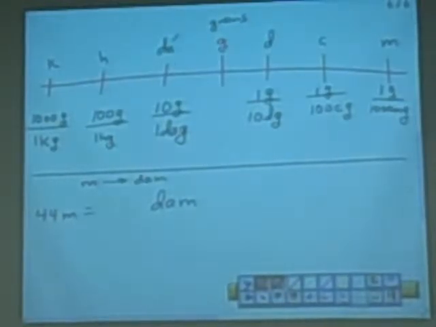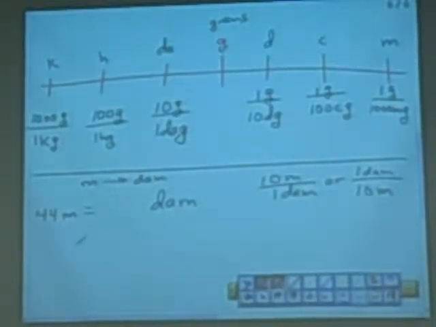Well, we look at our decameters, right? So we've got 10 meters over 1 decameter. Whether it's grams, meters, or liters, the conversion is the same, right? So we put our fraction. So this is either going to be 10 meters over 1 decameter or 1 decameter over 10 meters, right?